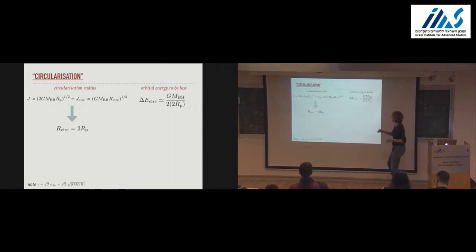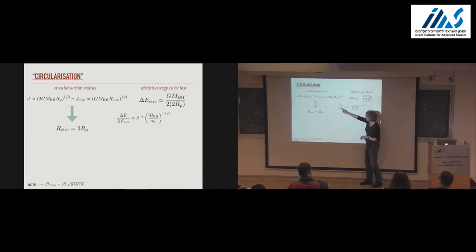So this is the result. What is this? This is the final energy. So why am I saying this is actually the energy you need to get rid of? Because it dominates. In fact, you should start from the total binding energy of the stream minus this.